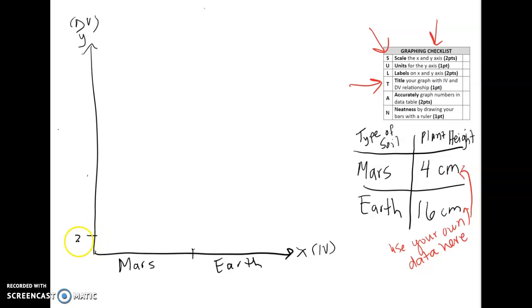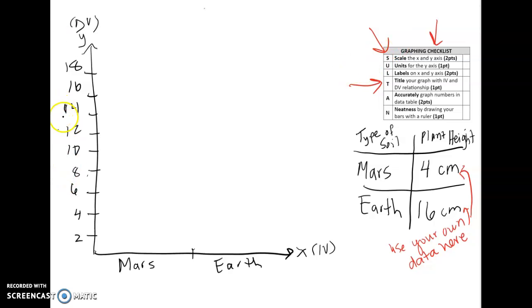So I'm going to start here, 2, 4, 6, 8, 10, 12, 14, 16, 18. Your scale can look different depending on your data. So if your scale is different, that is okay, just as long as you're using an appropriate scale for your data.